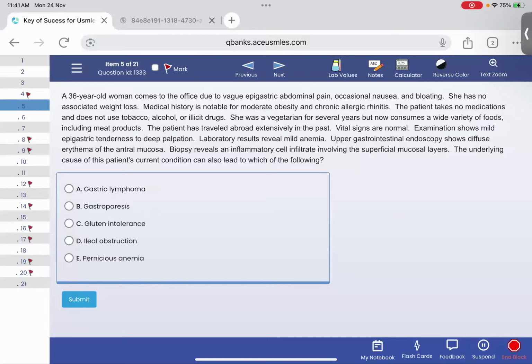The patient has traveled abroad extensively in the past. Vital signs are normal. Examination shows mild epigastric tenderness to deep palpation. Lab results reveal mild anemia. Upper GI endoscopy shows diffuse erythema of the antral mucosa. Biopsy reveals an inflammatory cell infiltrate involving the superficial mucosal layers. The underlying cause of this patient's current condition can also lead to which of the following?